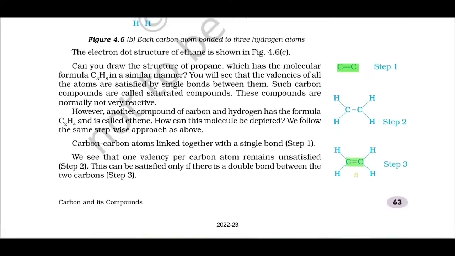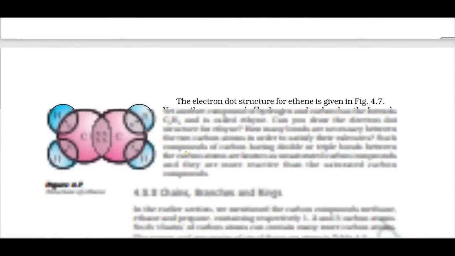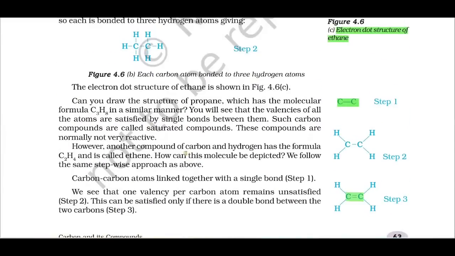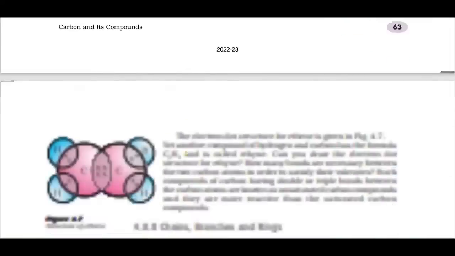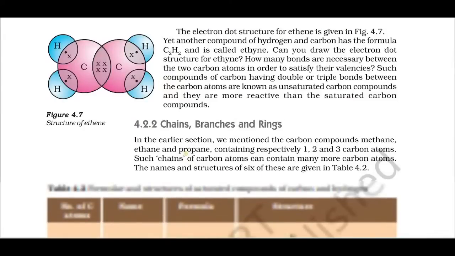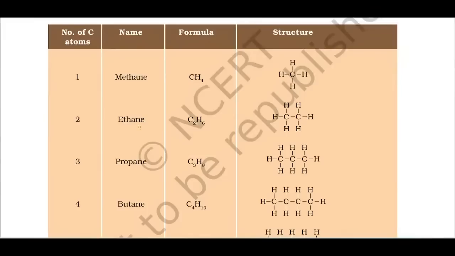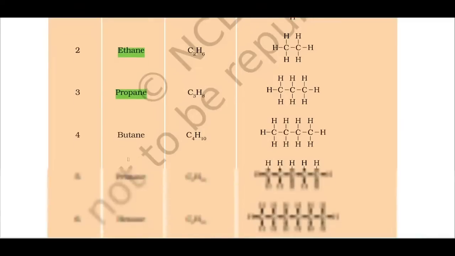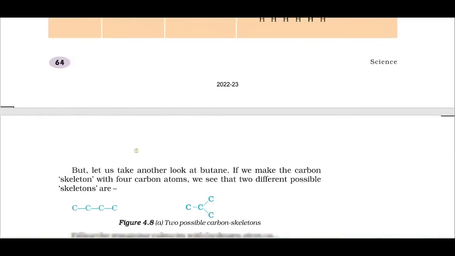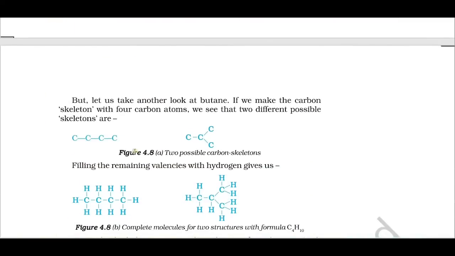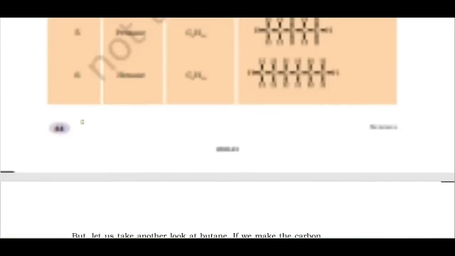Single bond, it is alkane; double bond, it is alkene; triple bond, it is alkyne. You should know the molecular formula and structure of methane, ethane, propane, butane, pentane and hexane. In the same way, the alkene series and alkyne series.